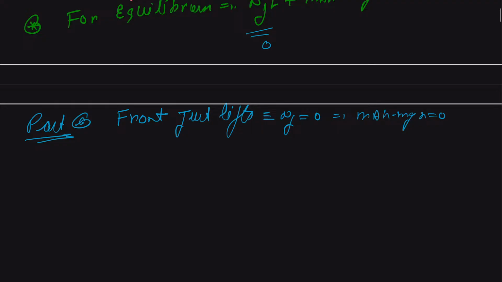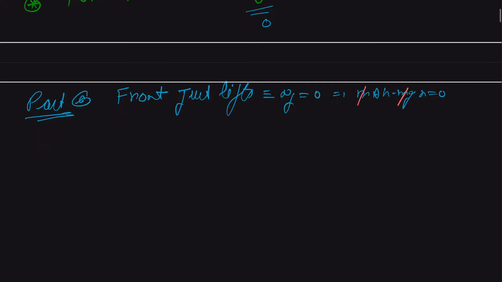So obviously M cannot be equal to 0. So we can just remove it from here, and this gives us that value of our acceleration, that is our A will be equal to, we have our G times X divided by H.